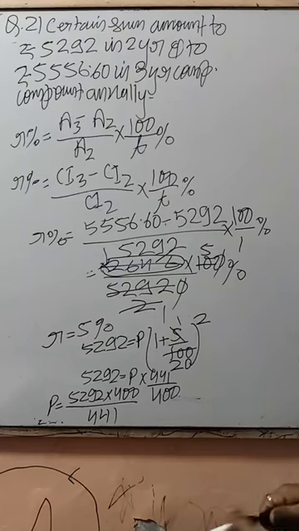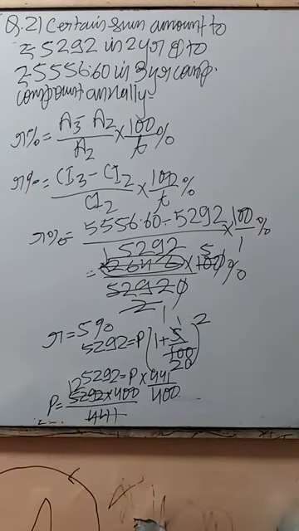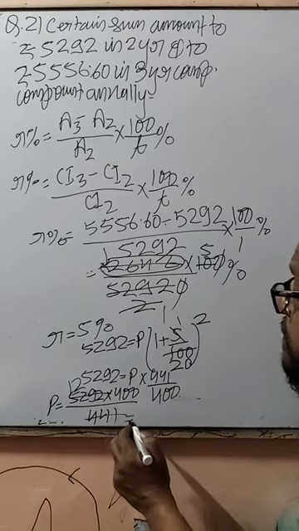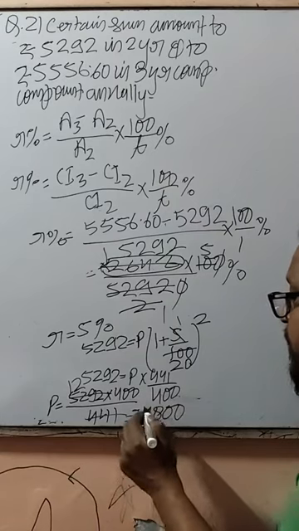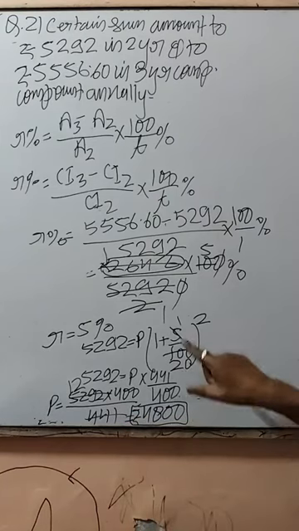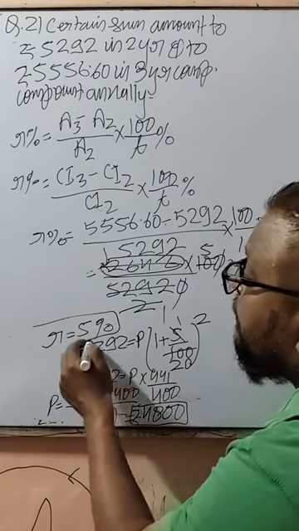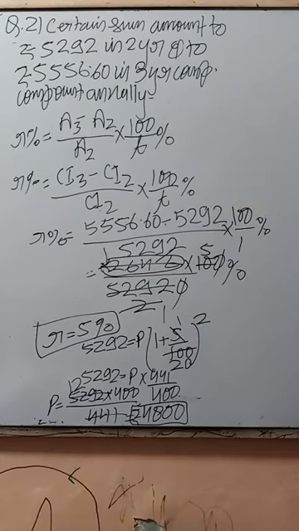And 4 times 12 becomes 48. So rupees 4,800 was the principal. So the principal is rupees 4,800 and the rate of interest is 5%. You got your answer? Yes, sir.